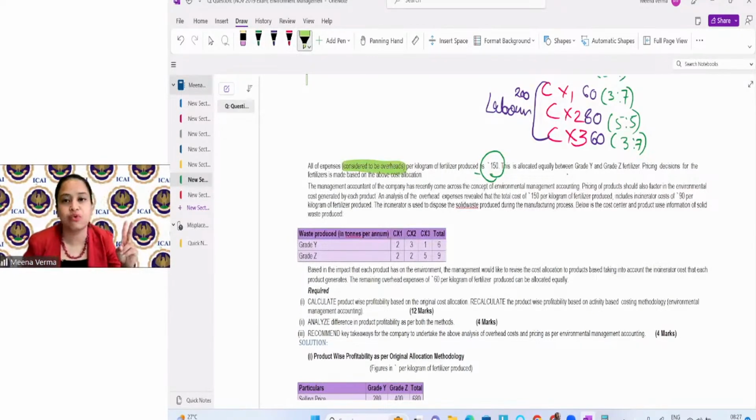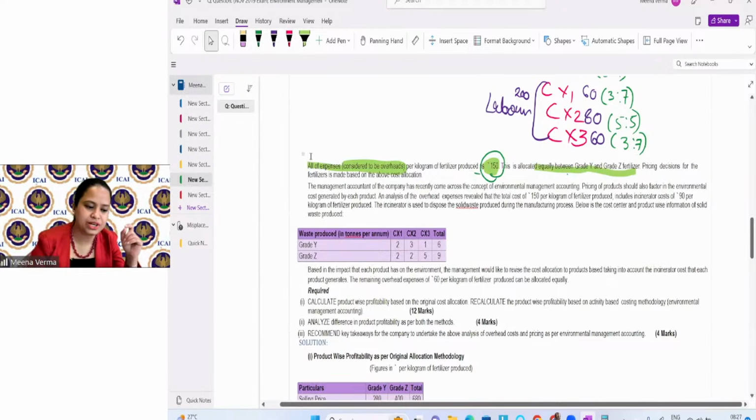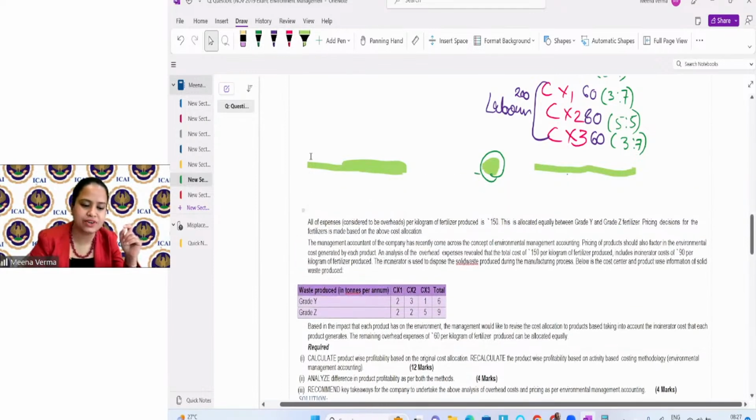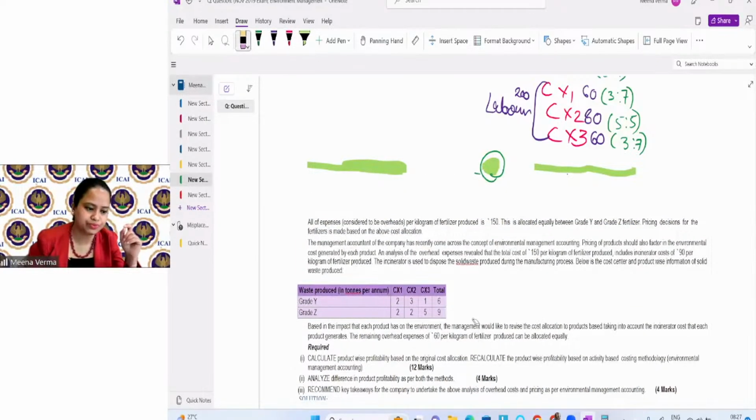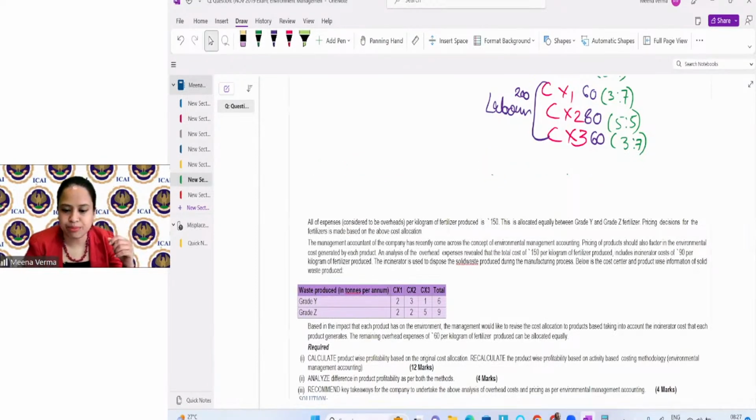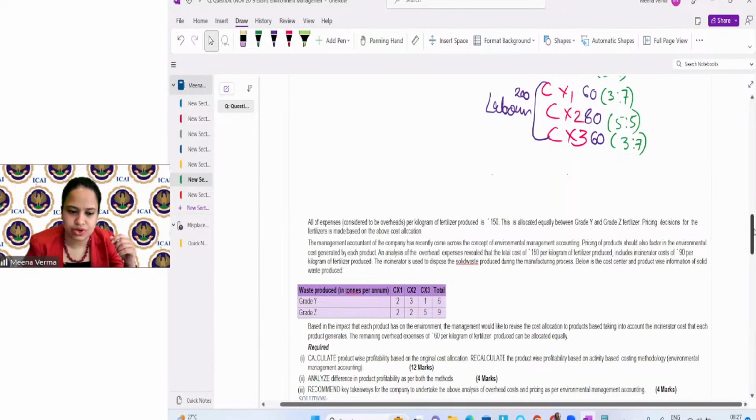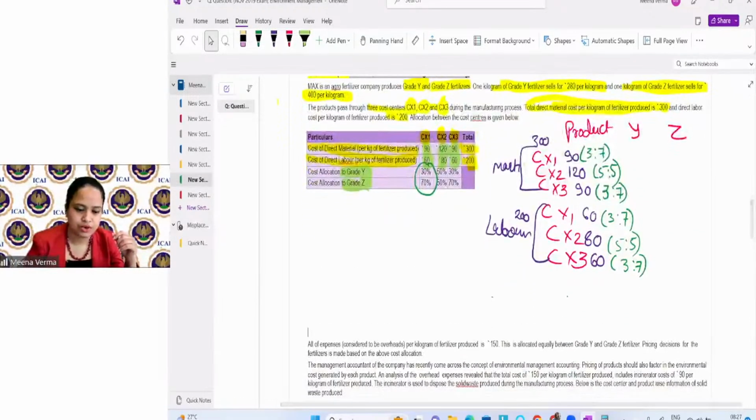All expenses considered to be overheads per kg of fertilizer produced are allocated equally between the products. So apart from material and labor cost, the company has overhead cost also. You can see the overhead cost here.